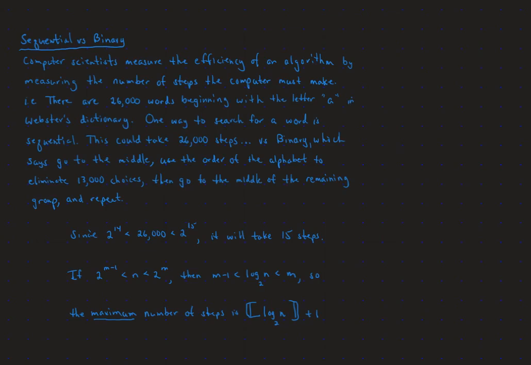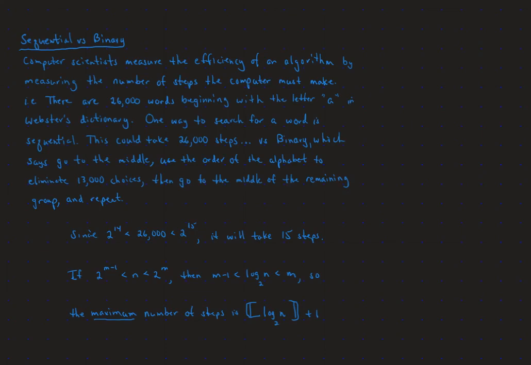Versus binary, which says go to the middle and use the order of the alphabet to compare the word you're looking for with that word in the middle. That will allow you to eliminate 13,000 choices because you're going to know that the word you're looking for is either in the first half or the second half. So then, after you've eliminated one of those halves, go to the middle of the remaining group and repeat the process.